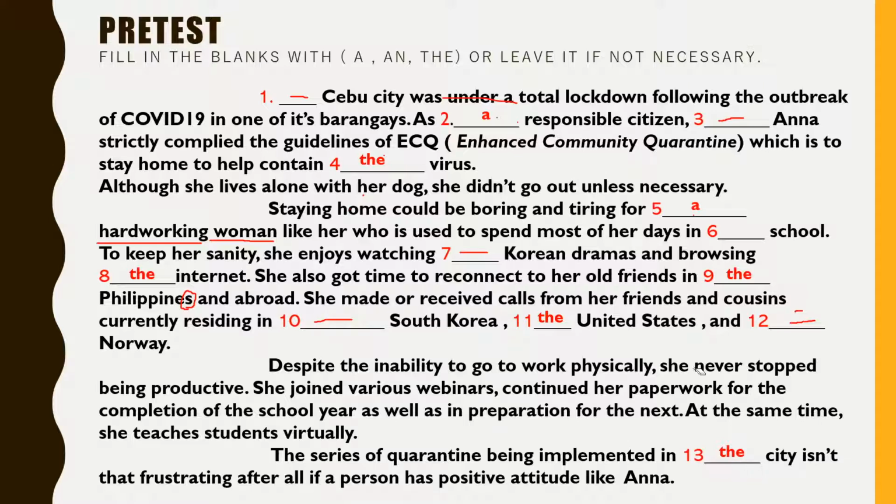Because we know which city. We're talking about Cebu City. The quarantine lockdown in Cebu City. So we use the article the, that is a specific city, right?